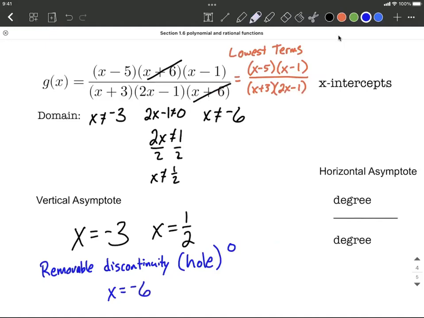If we wanted to locate where that actual point is on the graph, where that hole is, where it's missing, we could fill that value back into the lowest terms. We could evaluate (-6 minus 5) times (-6 minus 1) over (-6 plus 3) times 2 times -6 minus 1 more.